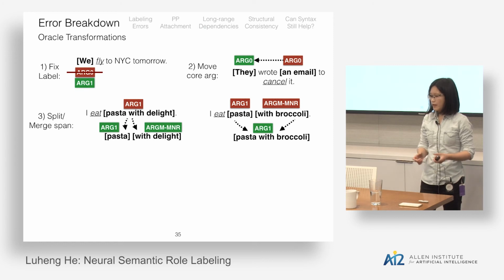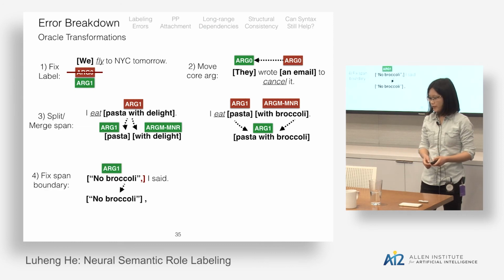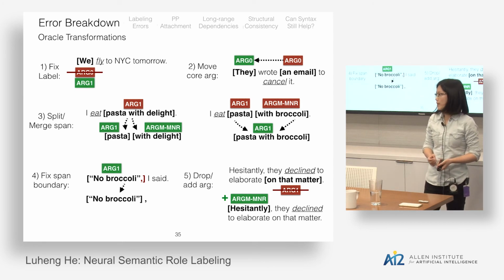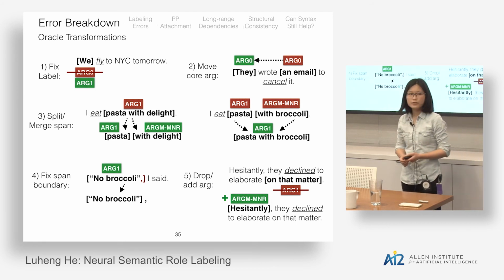Or we can combine 2 predicted arguments and merge them into 1 gold argument. And we can fix the span boundary within a certain window and drop a false positive argument or add a false negative argument. Any questions about the transformations?